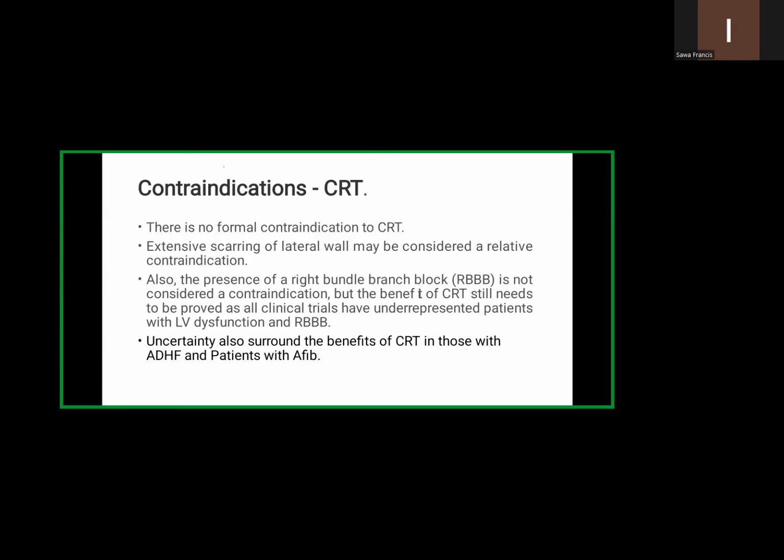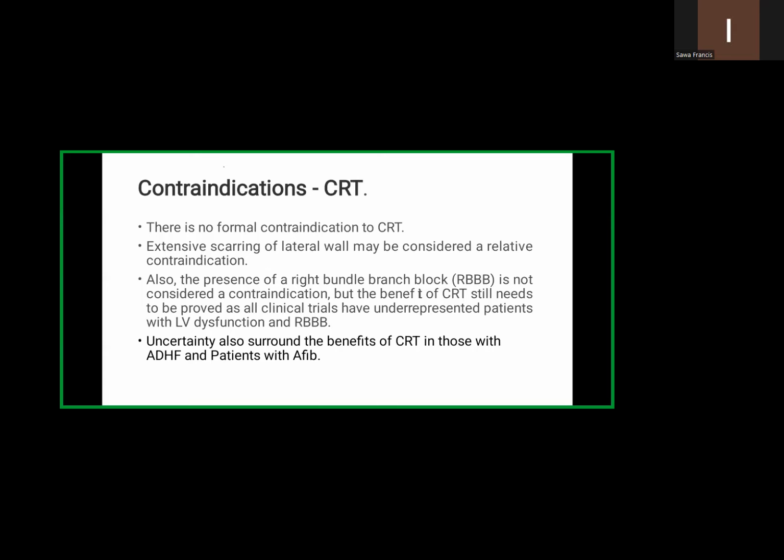I've talked about the presence of a right bundle branch block, although it's not considered an absolute contraindication. But the studies have not proven patients who have RBBB to have significant benefits. I've also talked about AFib. AFib is one of the gray areas.